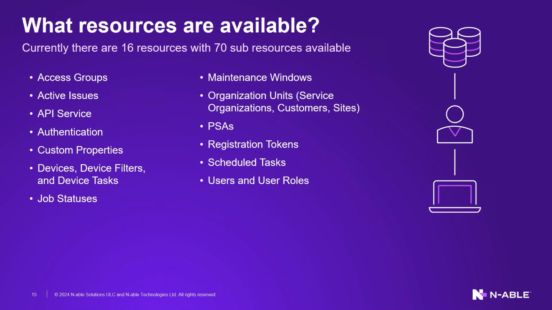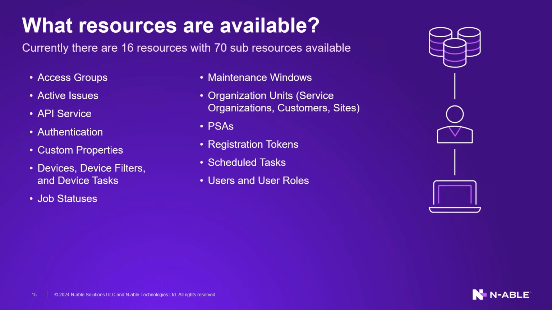You have device-related APIs, whether that is returning a list of devices for a customer, for example. You might want to see what tasks are associated with devices. You might want to see what filters are available for devices. They're all possible using APIs as well.